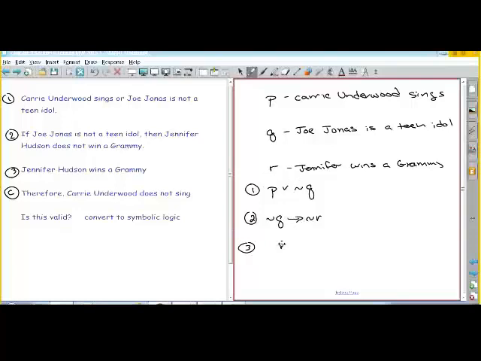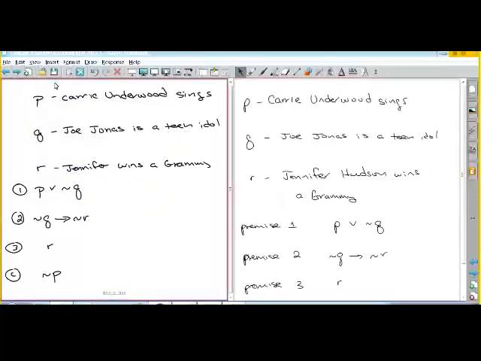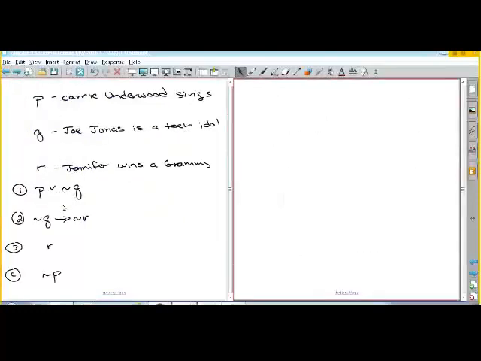So we've got an OR statement, an if-then statement, and a simple statement. And then our conclusion is Carrie Underwood does not sing, so the conclusion would be the negation of P. So those are my symbolic translations of the original word premises and conclusions. Next we create a logic statement that involves all four of these.